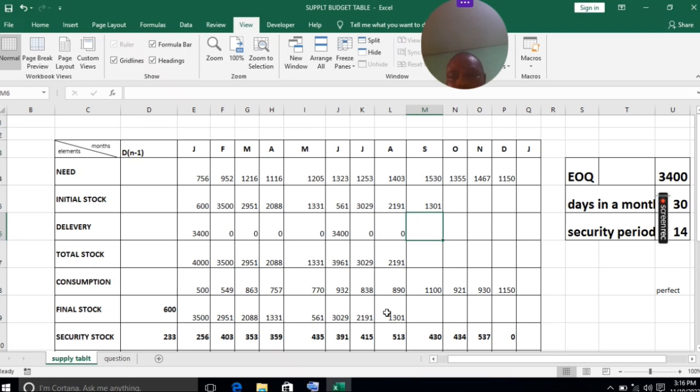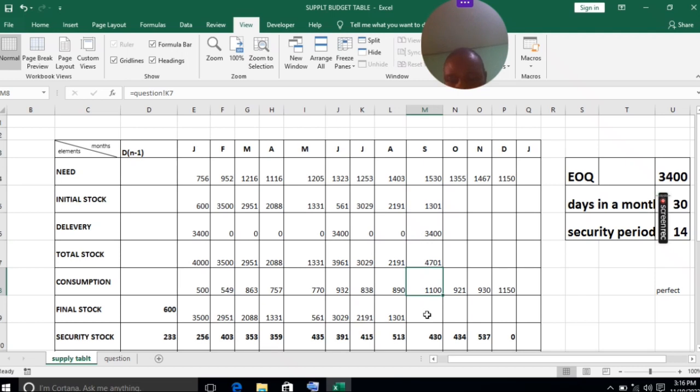That is it. If you look at it now, you see the need is greater than the initial stock, so we receive replenishment, which is the economic order quantity, 3,400. So total stock equal initial stock plus replenishment, which is equal to that.